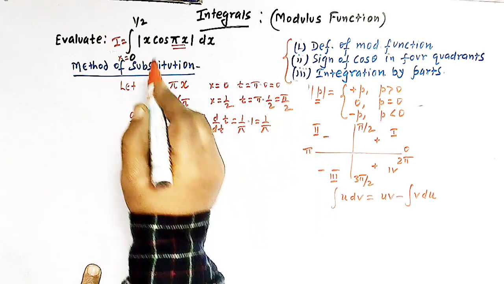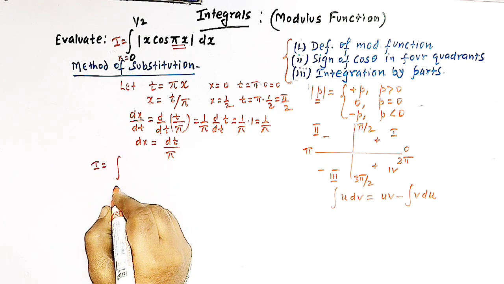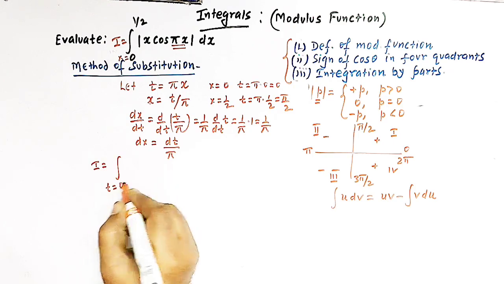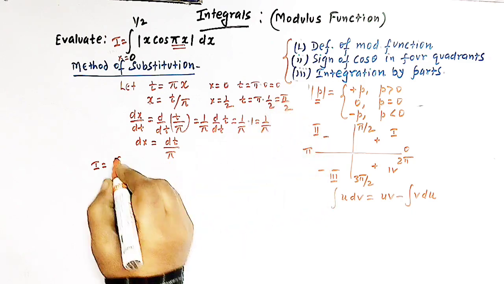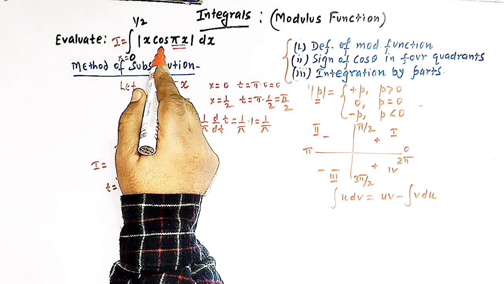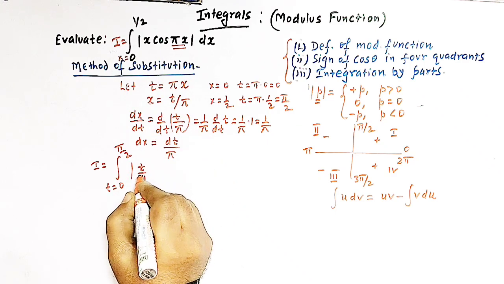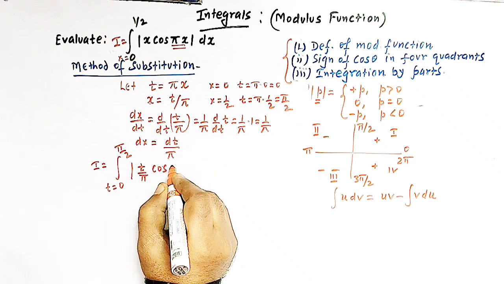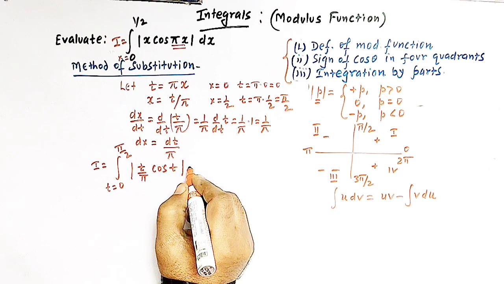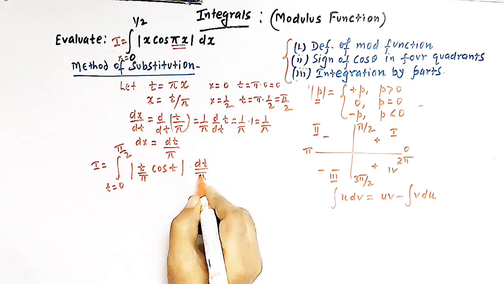So let us now write this integral I in terms of t. So we have here t from 0 to pi by 2, and then we have mod of x times cosine pi x. So x is t over pi, and then we have cos of t, and then dx is dt over pi.